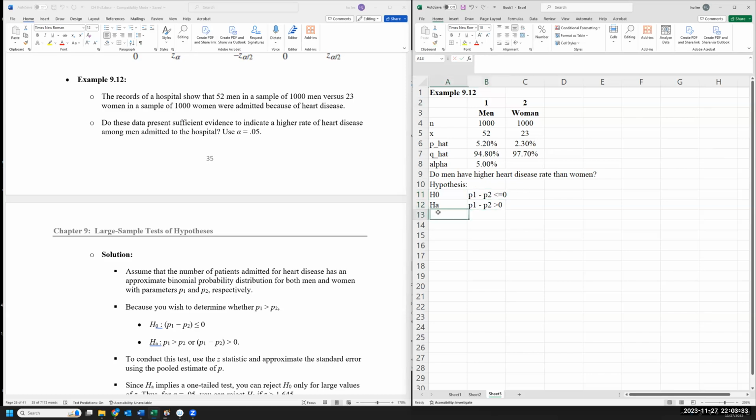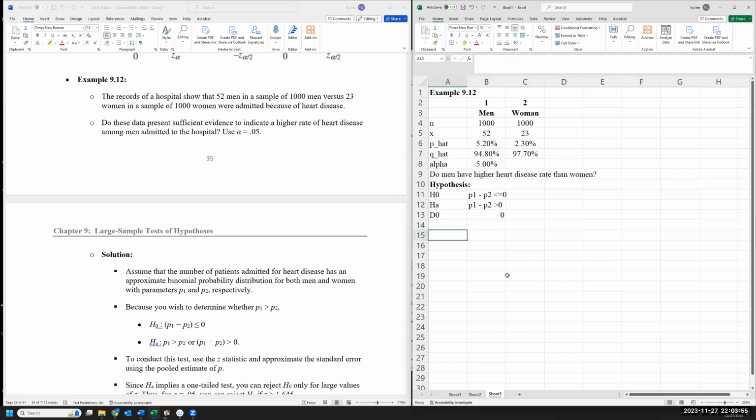Again, in intro class, we're only going to use the difference of equal to 0. Remember, the equality part has to be in the null. So that's why I knew the side that's strictly higher has to be the alternative. So this is the hypothesis.